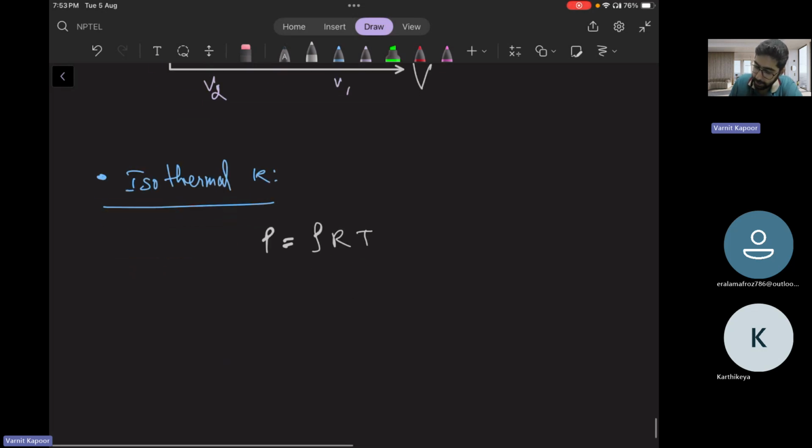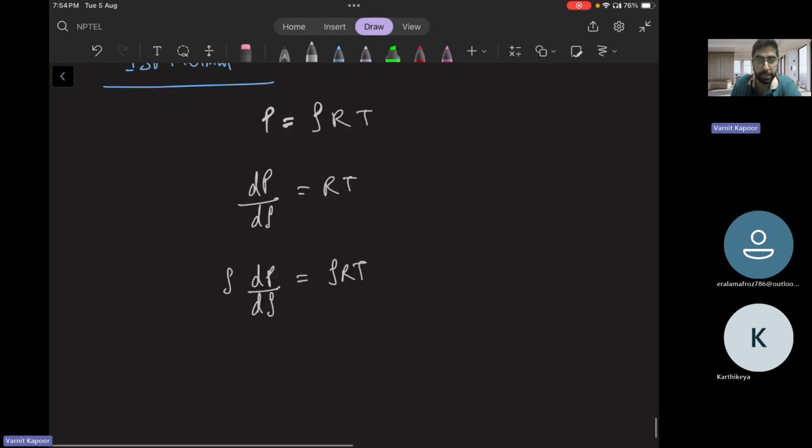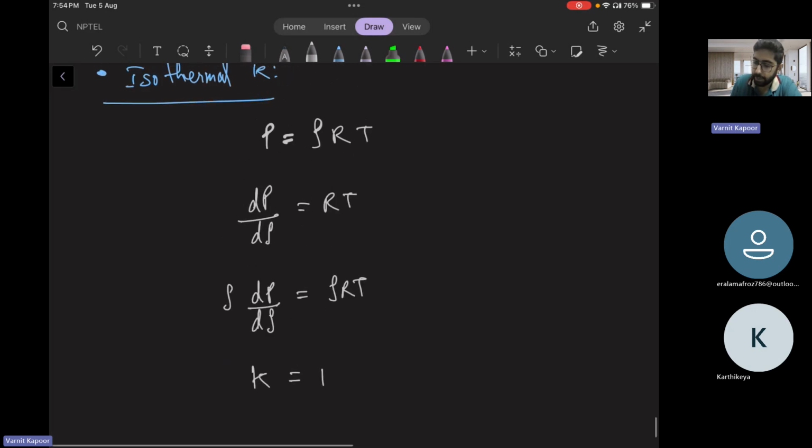If you differentiate it, dP by d rho is equal to RT, and if you multiply both sides by density, rho dP by d rho is equal to rho RT. This is nothing but your bulk modulus K, and rho RT was nothing but P. So K is equal to P.